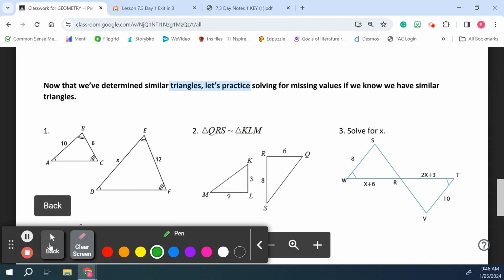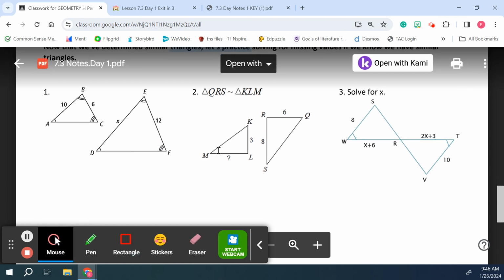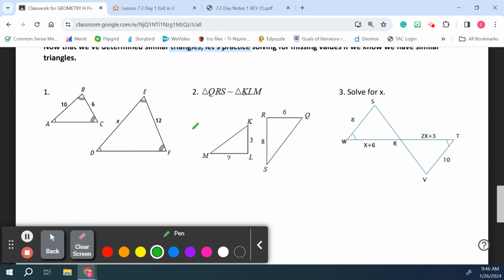All right, let's take a look at number 2. They're already telling us that they are similar, so I'm using this similarity statement as my guide. This is telling me that ML, which is right here, is going to correspond with RS. And then I'm going to have KL, which is right here, with QR.